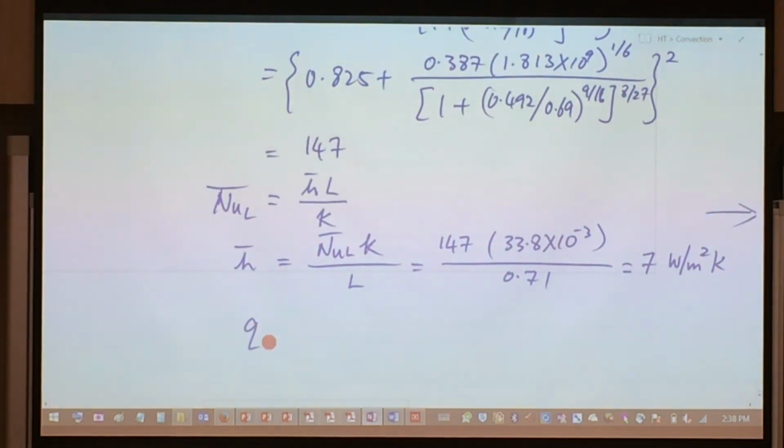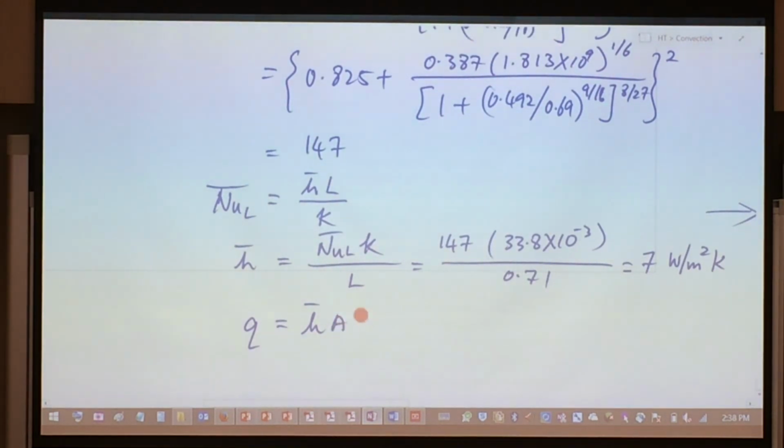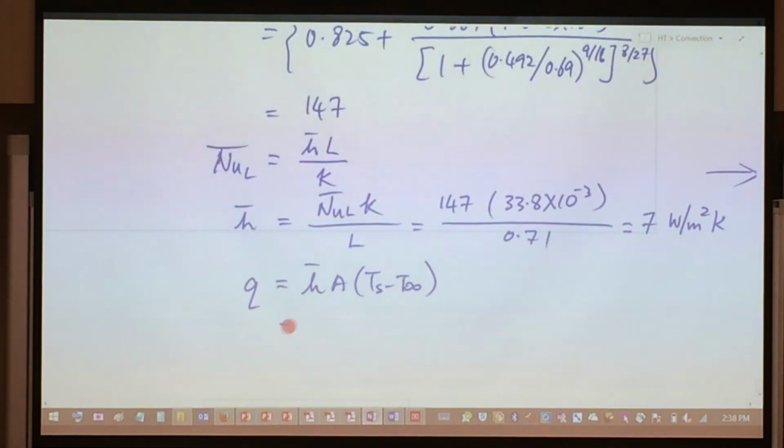So that's not all done yet. Our job is to find out what is your heat transfer rate, which the question called convection heat rate. So that is equal to h bar multiplied by the area multiplied by the temperature difference between the glass and the ambient. Put 7 into this.